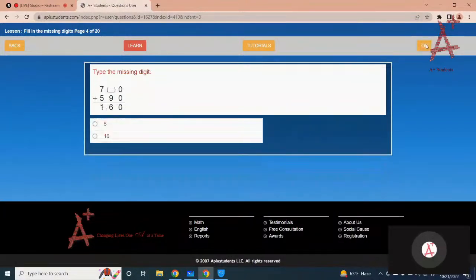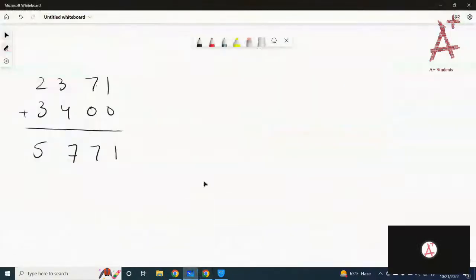Okay, the next one is subtracting. 7, the missing number, 0, subtract 590. Let me write it down on board. So 7, missing number, 0, subtract 590, and the difference is 0, 6 and 1. Okay, you have to find the missing number. So how can you find the missing number? Start subtracting. 0 subtract 0 is 0. Here you have 6.